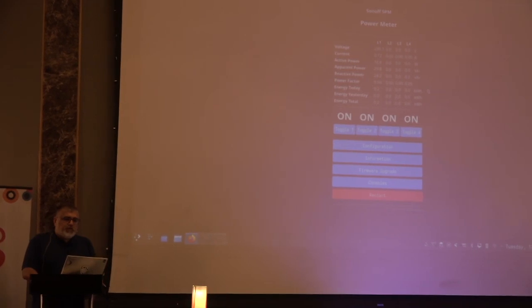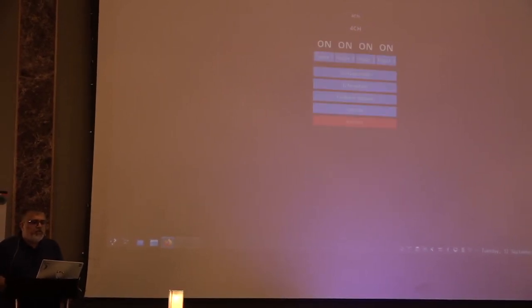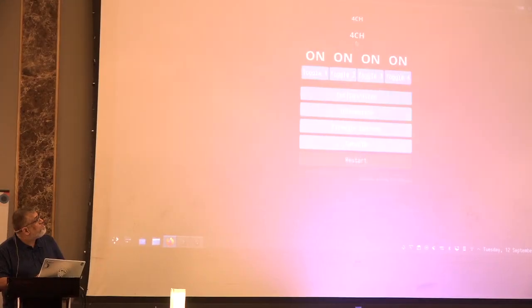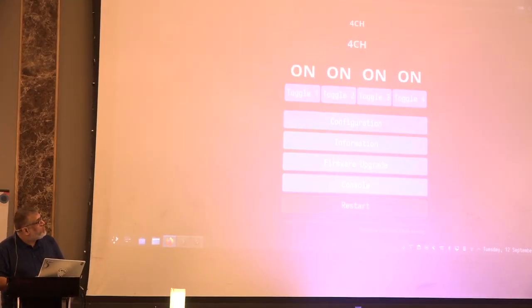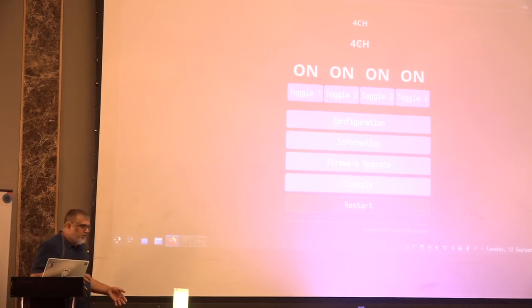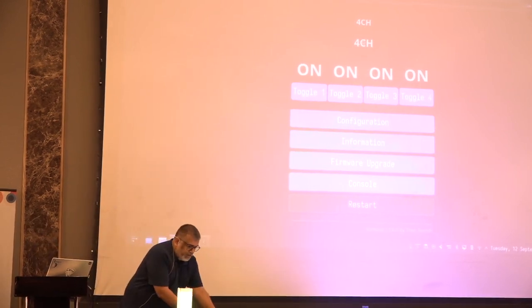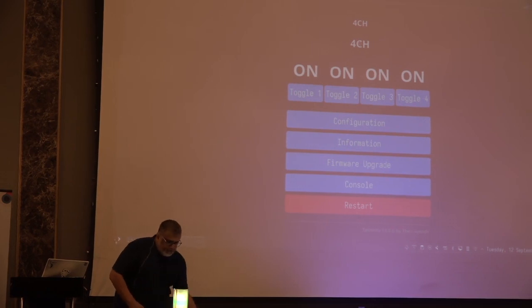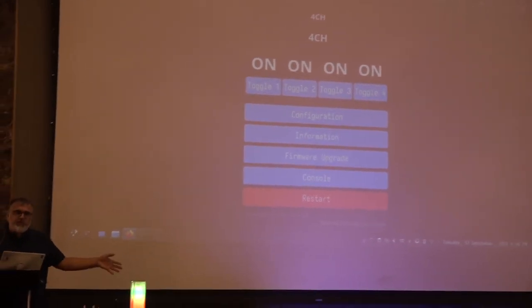The first thing is, let me show you what the firmware looks like. So this is the firmware. What happens is, on these devices, like I said, there is a wireless microcontroller, and there is a web interface running on it.